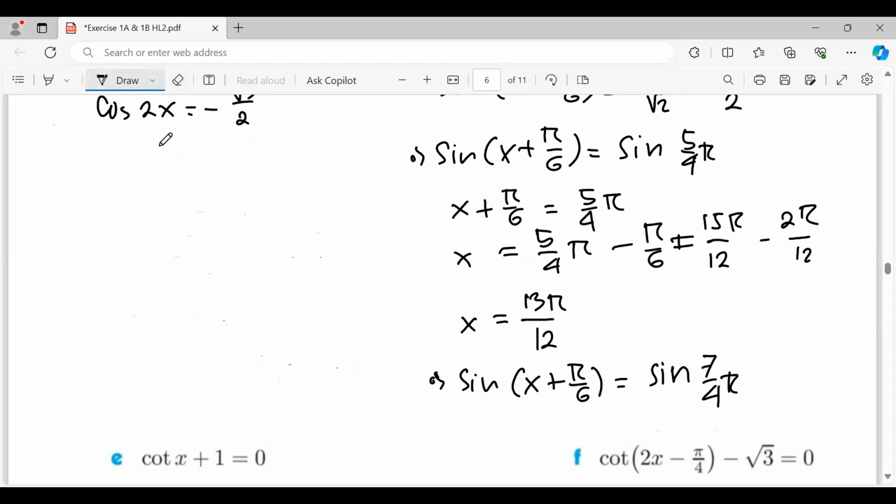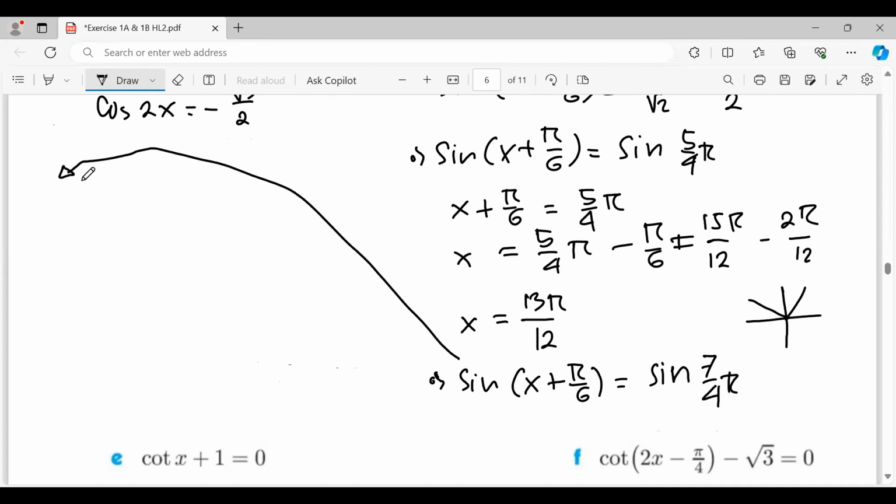Sine positive happens on quadrant 1 and quadrant 2. So I'm going to move here.